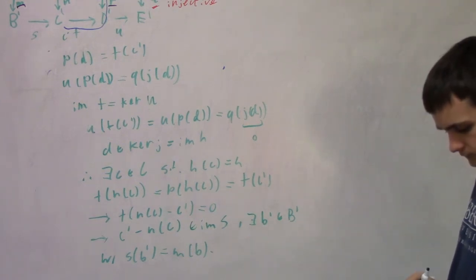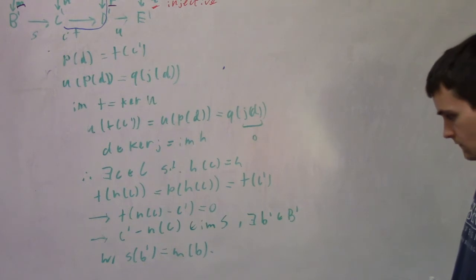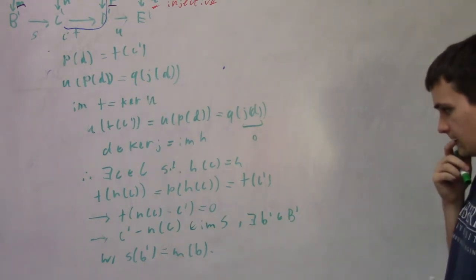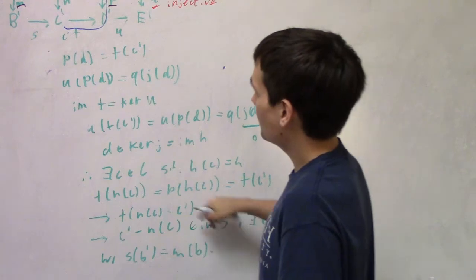Now it's also equal to M of B because M is a surjection, right? So there exists a B, but I don't know why you write that actually.